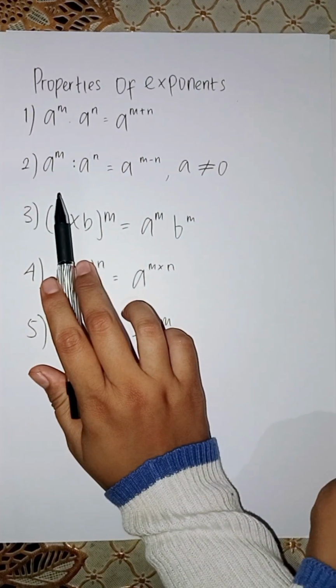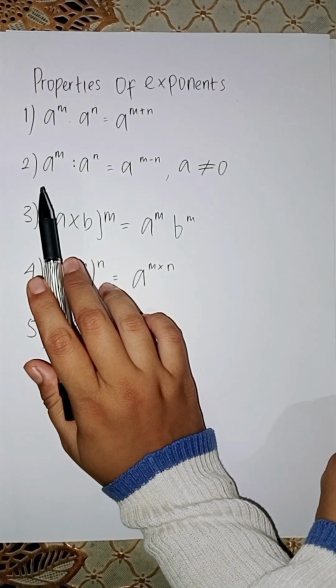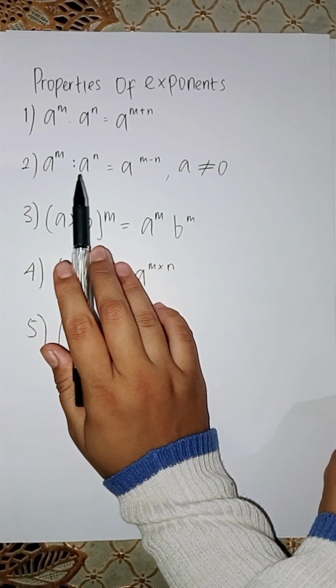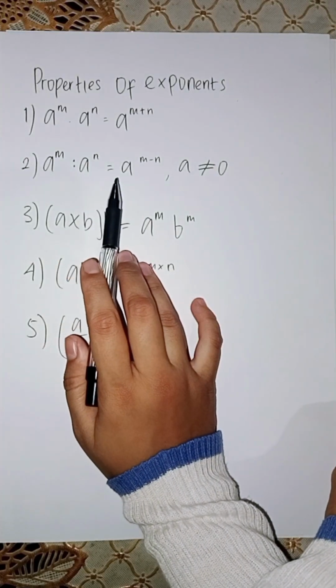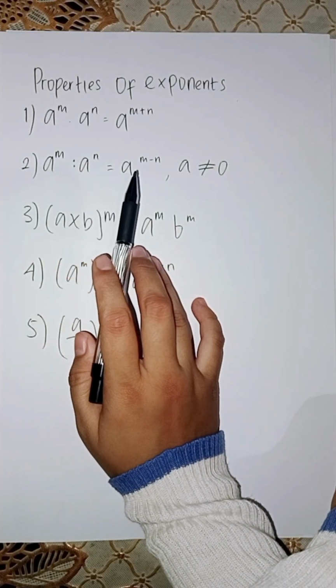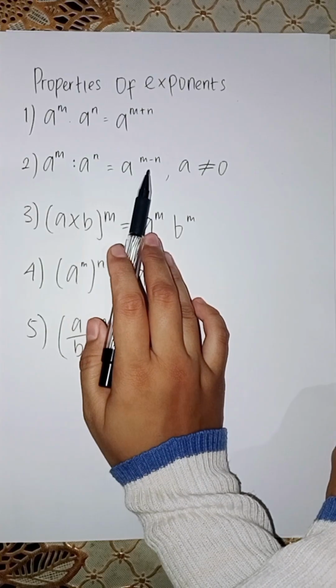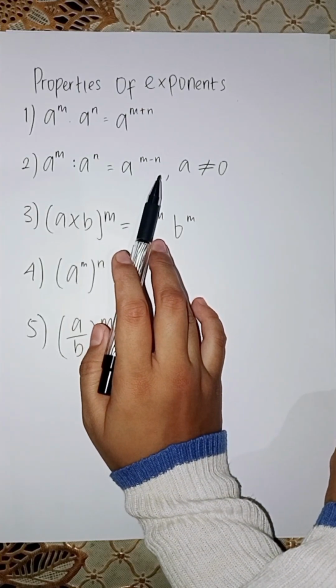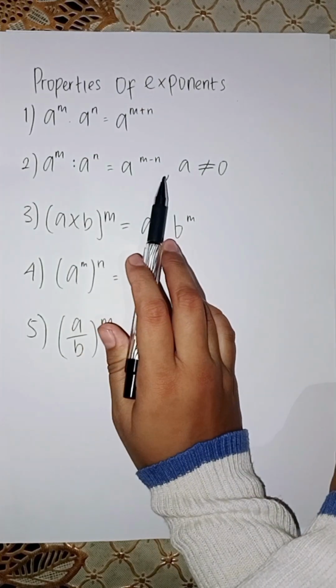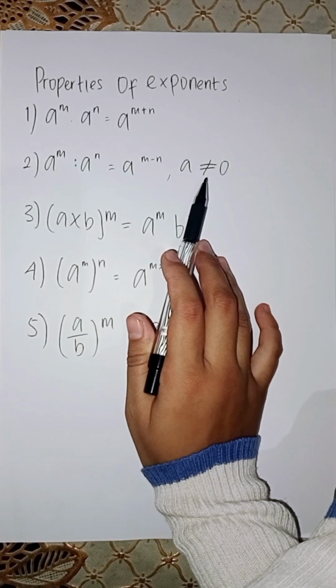The second property, we have a to the m divided by a to the n, the result is the same as a to the m minus n, where a is not equal to 0.